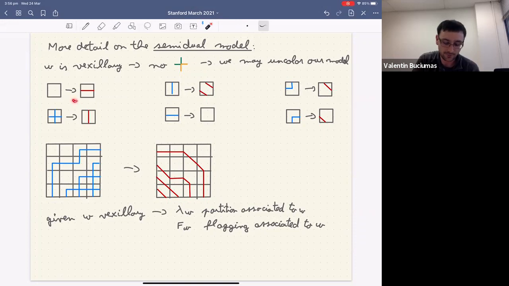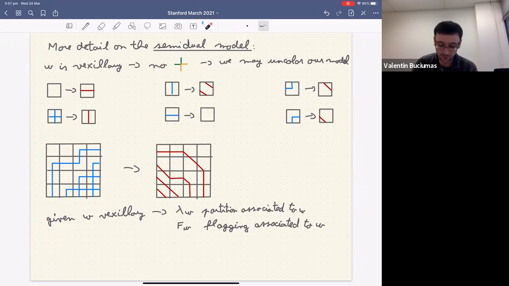So the left will be the weights in the initial model, and the right will be the weights in what we call the semi-dual model. Here we have no color, so we get color, color. Here we have color, color, so we get no color, and so on and so forth. Then we get a different model, but there will be a correspondence between the two. For example, this is a state in the first model, and this will be the corresponding state in the dual model.